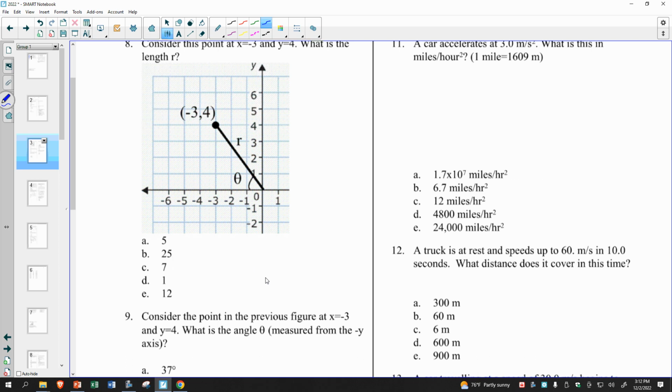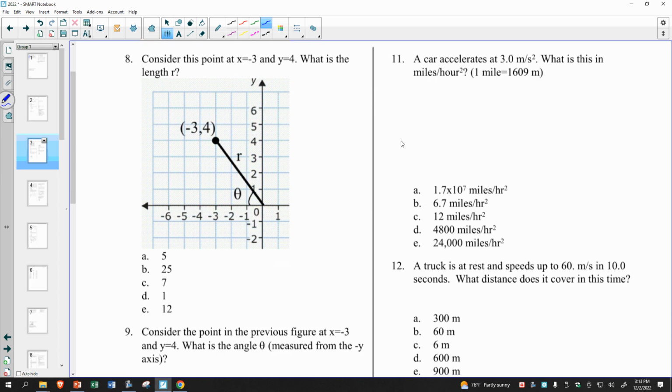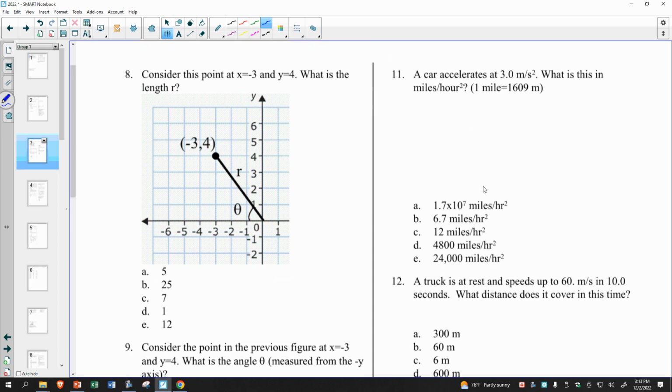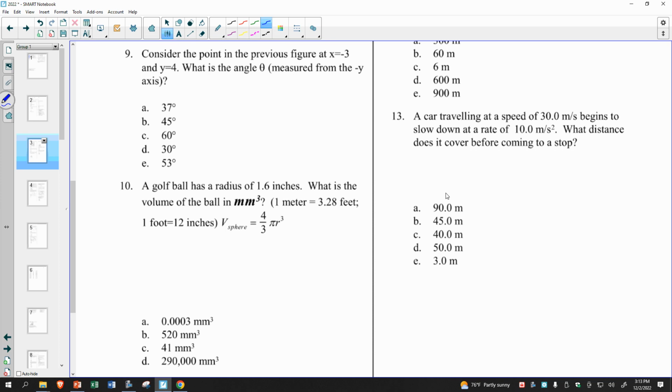Some basic trig stuff. I don't usually put basic trig stuff in the final because it comes up in all the other questions, FYI. But you will see some unit conversions like we have in number 11 or number 10. So make sure you know how to do your unit conversions. I think we're all on board with that now.